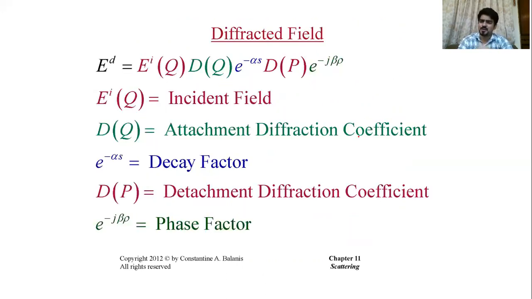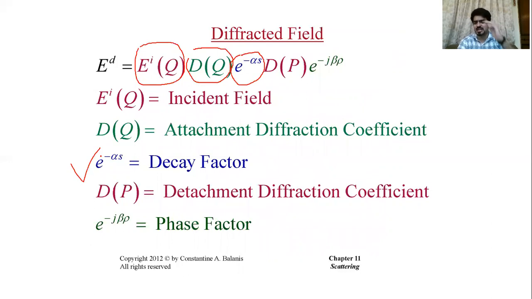Again, for this kind of curved surface, the diffracted fields are proportional to the incident field at the point of attachment, that is Q. Then you also have the attachment diffraction coefficient, capital D. After that, you have the attenuation constant, e to the power minus alpha s, that is nothing but a decay factor.